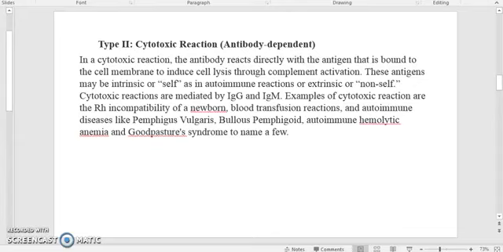as a cytotoxic reaction. Type 2 hypersensitivity is also called a cytolytic or cytotoxic reaction because it results in the destruction of host cells either by lysis or toxic mediators.